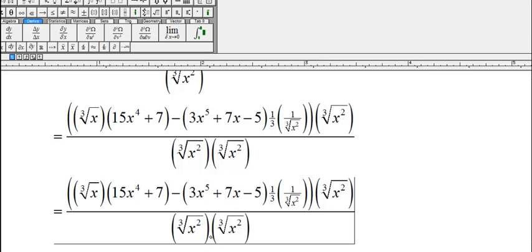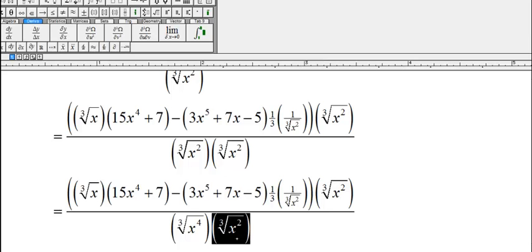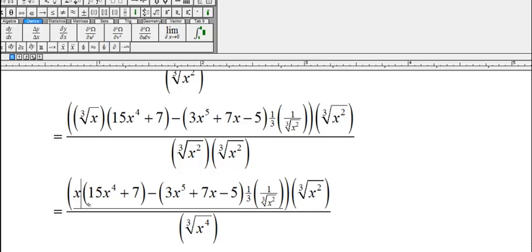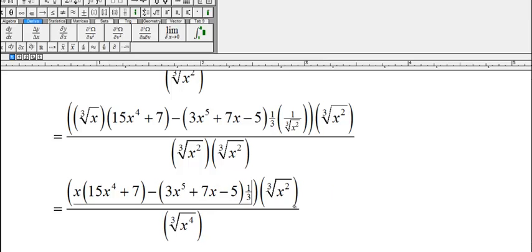Well, in the bottom, that's the cube root of x to the fourth. The cube root of x squared times the cube root of x is just x. That's kind of nice, fortuitous there. And that's times the first term. All this is a second term. This one is going to cancel out with this, which is why we did it.